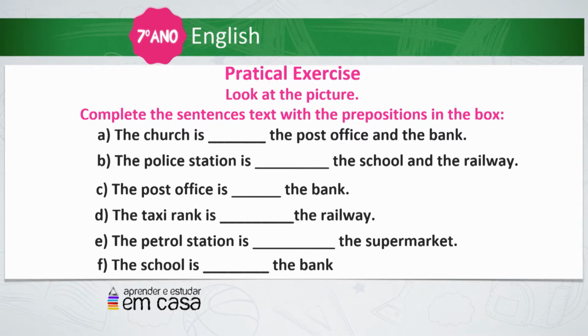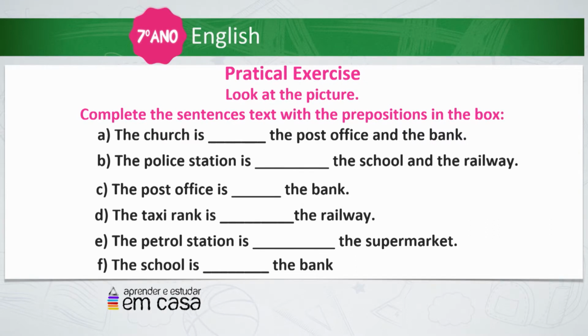A. The church is the post office and the bank. B. The police station is the school and the railway. C. The post office is the bank.